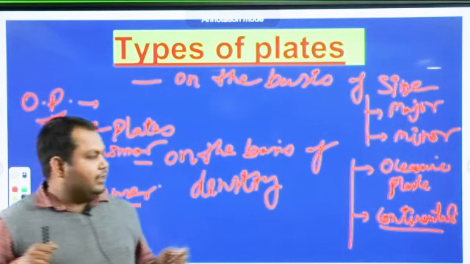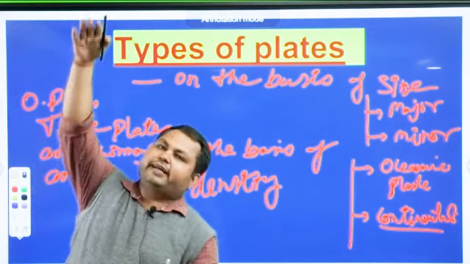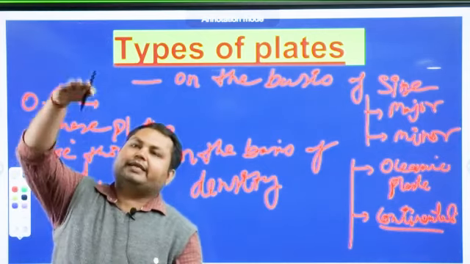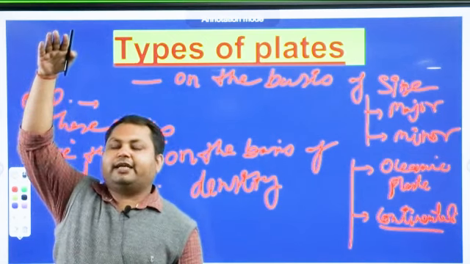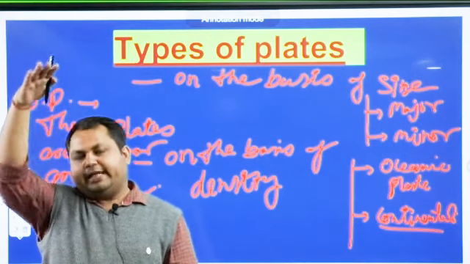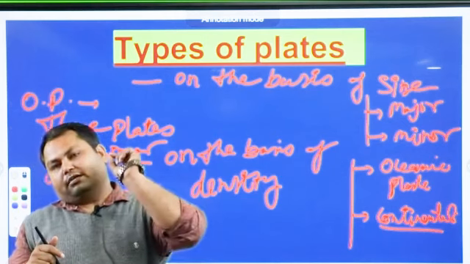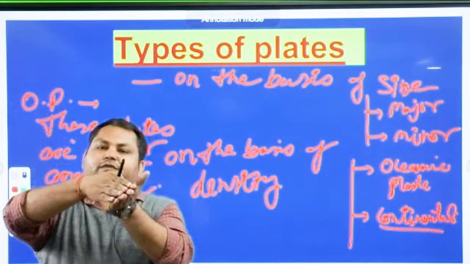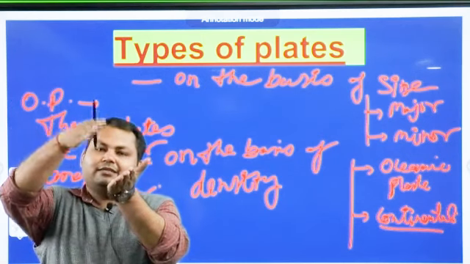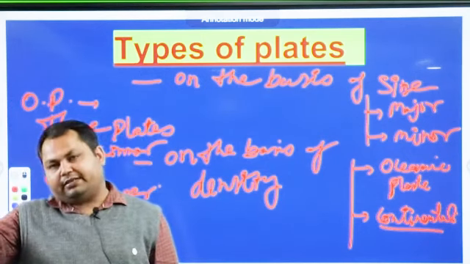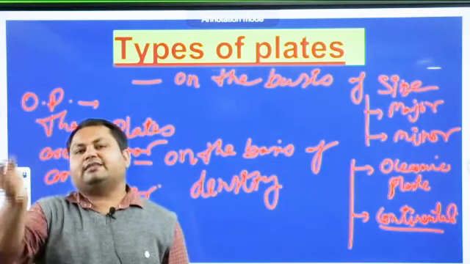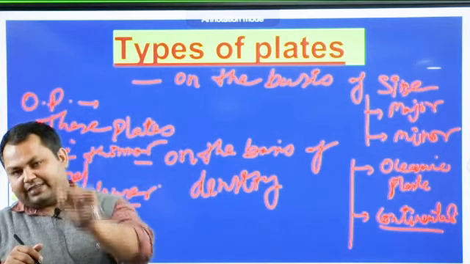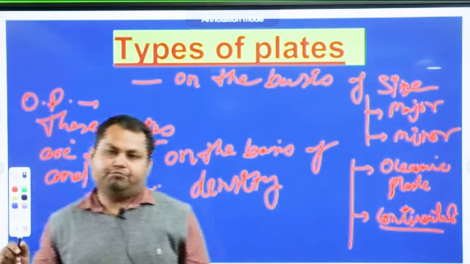That's why the continental plates have more thickness. In the case of oceanic plates, the minerals are heavier, so the plates are thinner. So the heavier and thinner plates relate to the oceanic plate, and the thicker as well as lighter minerals relate to the rarer or less dense continental plate.